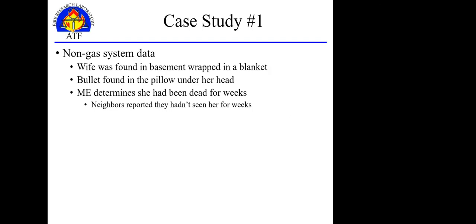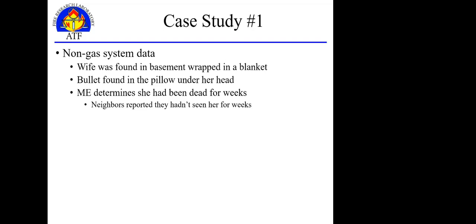From a non-gas system standpoint, we did have a body in the basement. She was found wrapped in a blanket. They ultimately found a bullet in the pillow underneath her head. And then the medical examiner determined that she had been dead for weeks to months, if I remember correctly.